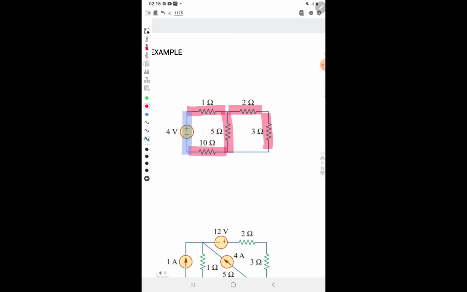Okay, so from here we have number of branch circuits or number of elements. We have 1, 2, 3, 4, 5, 6. So may anim.